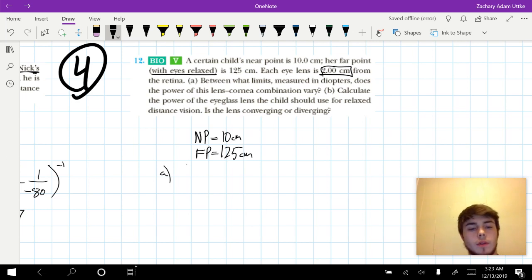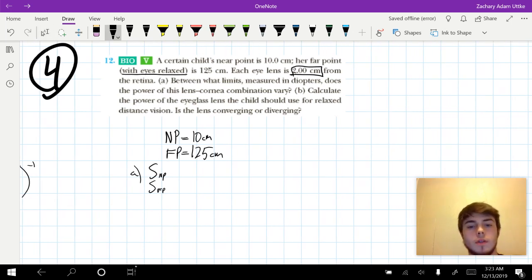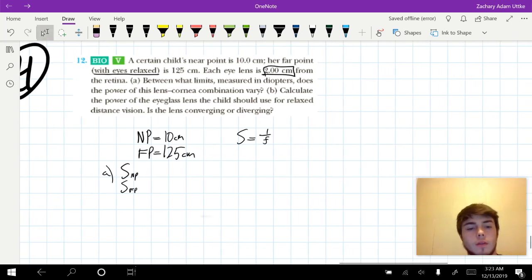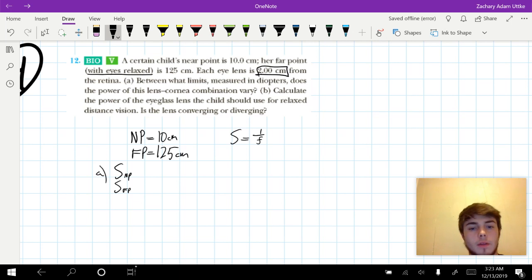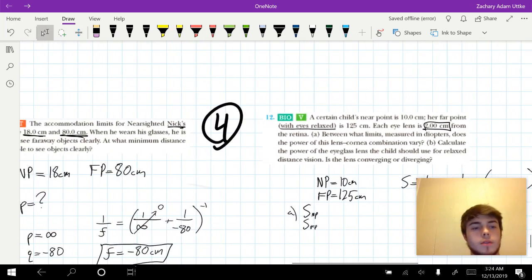Okay, so we're looking for strength using near point and the strength using far point. Okay, so this makes sense. So strength is 1 over the focal length. So to find the focal length using near point, we'd use this. So 1 over F equals, so let's go back to our list.